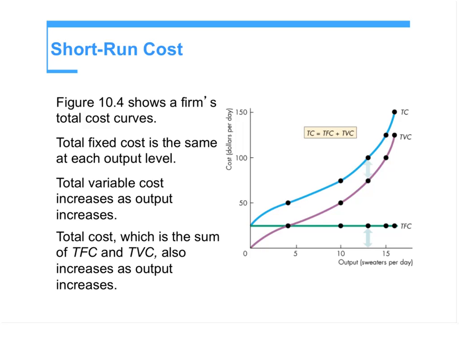So there is a relationship between your output, like the amount of output you're working on, like number of hours a day, number of products that you want to create per hour, and all that will have an effect on your variable costs. So total cost, which is the sum of total fixed costs and variable costs, also increases as output increases.